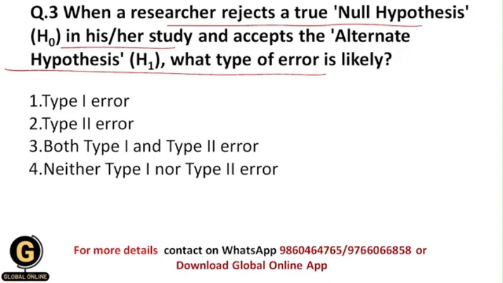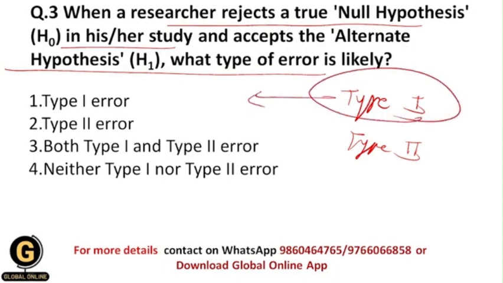As I have told you in the previous video, students, there are two types of error that occur whenever we test the null hypothesis in the research process. Those types of errors are type 1 error and type 2 error. So basically, students, type 1 error occurs when we reject the true null hypothesis. Okay, whenever we reject the true null hypothesis, in that situation type 1 error occurs.